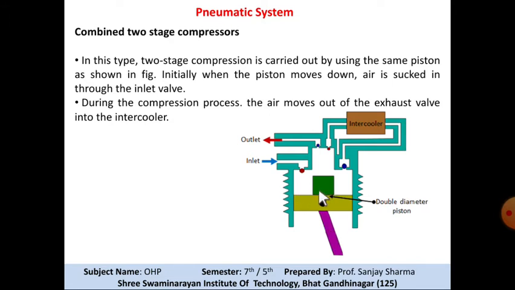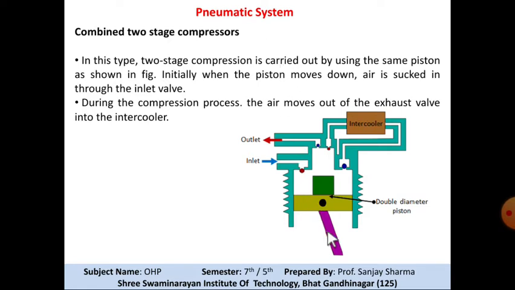Only the piston has two different diameters. So for this piston this is the chamber, and for that piston that is the chamber. Here whatever air is delivered through this port, passing through the intercooler, will be sucked here and discharged here during the reciprocating motion. So this is how the combined two-stage compressor works.